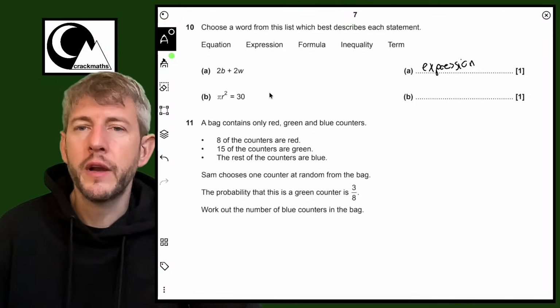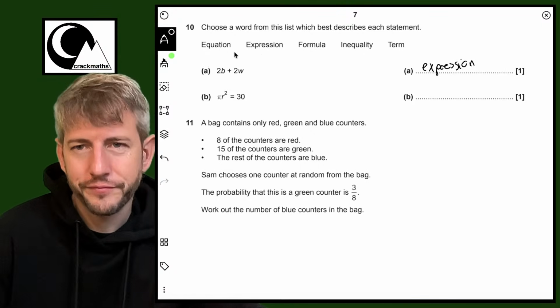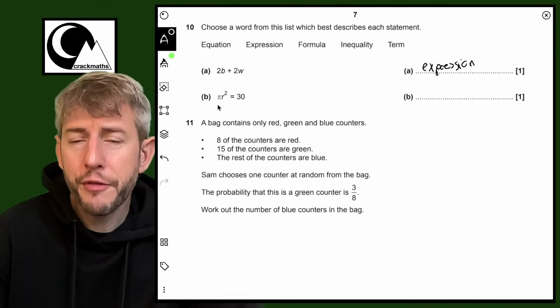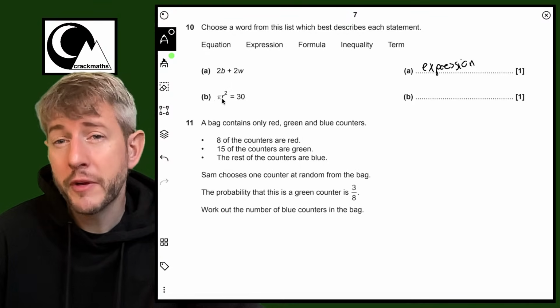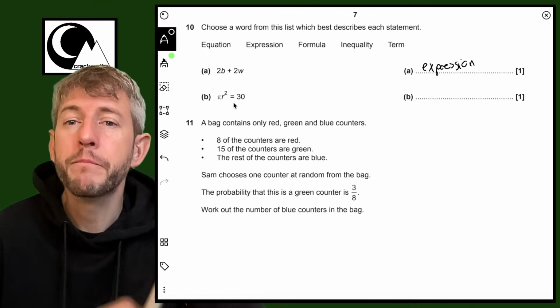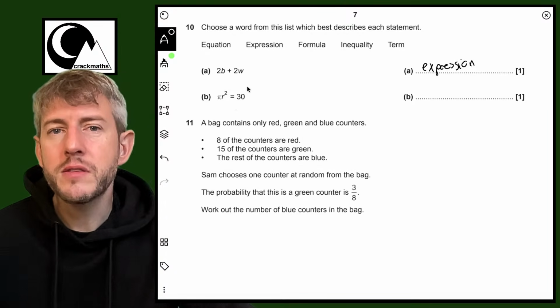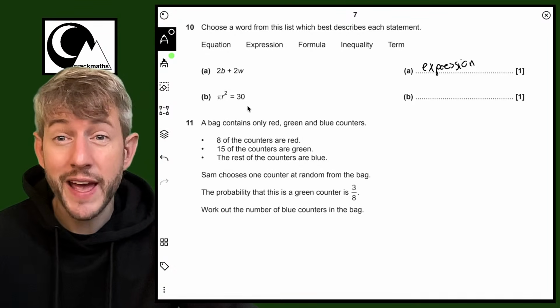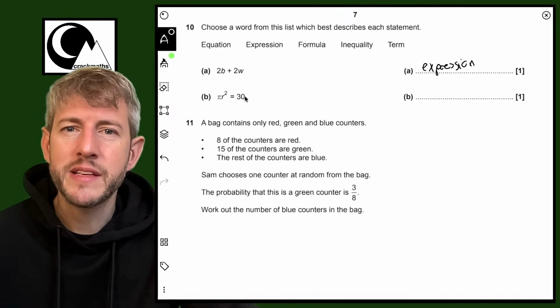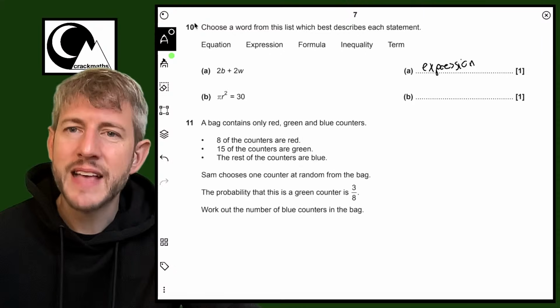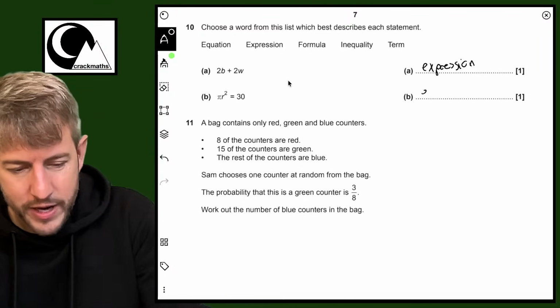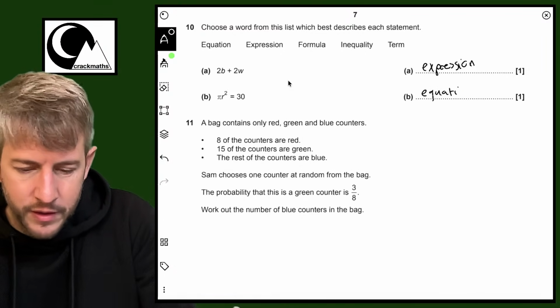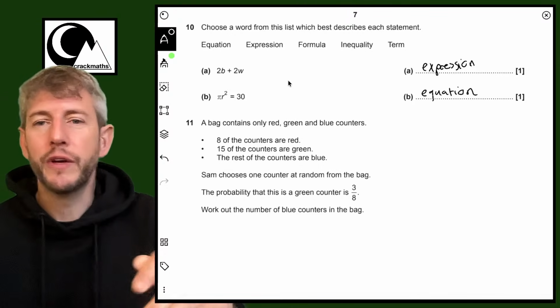Now, the next one is an equation. Okay, you could think that it was a formula because pi r squared is a formula. However, because it is equal to something, as opposed to it just saying pi r squared equals area, because it's equal to this 30, that means it is actually now an equation because it is possible to solve it.